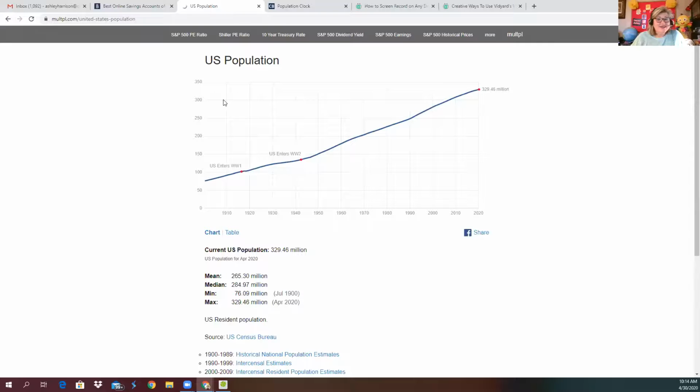You can see when population declined here, that was when we entered World War I. When population growth kind of stagnated a little bit right here, you'd have to zoom in really close to see it, that was when we were in World War II, and then we had a huge jump, which we know as the baby boomer generation. So that's some interesting data.